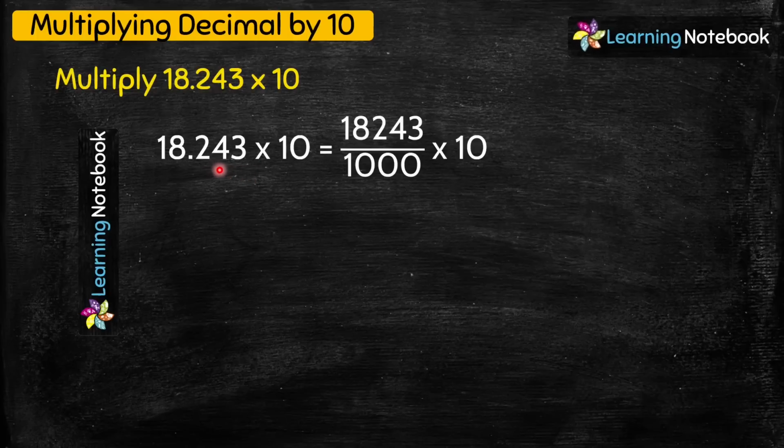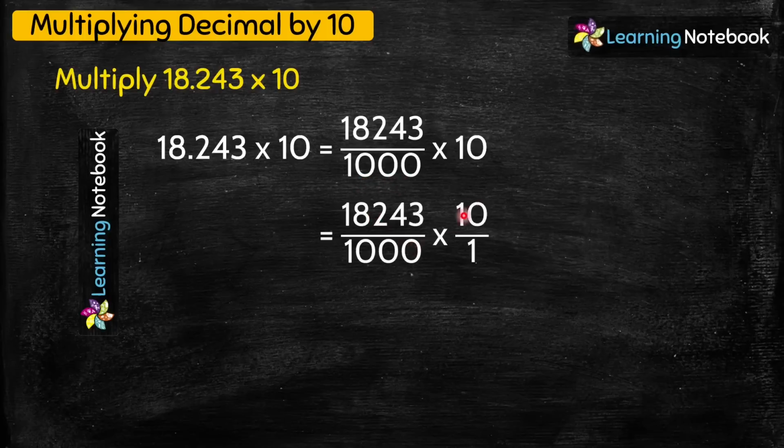And we just learned how to do it. We have 3 decimal places in the decimal number. So the fraction will be 18243 upon 1000. And 10 can be written as 10 by 1. Now let's cancel 0 by 0. And we get 18243 upon 100.